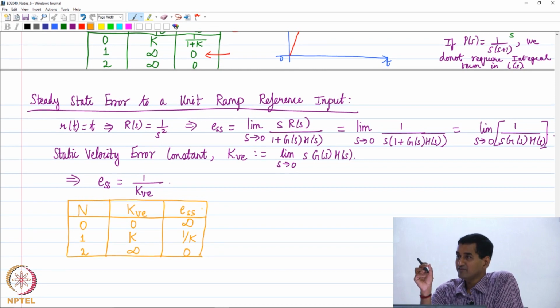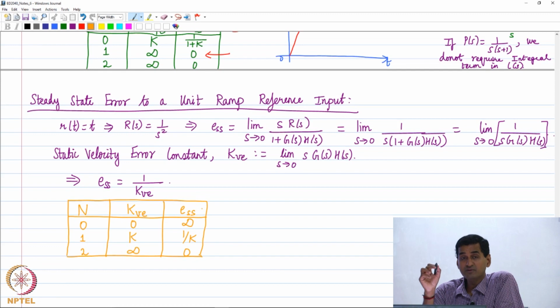But if I have a type 1 system, at least I can get reasonable tracking, with a steady state error of 1 by K. Of course, the higher the open loop gain, the lower the steady state error, but once again the same constraint comes in: if you increase capital K, there is a cost as far as the control effort is concerned. And if you have type 2 and more, theoretically you are guaranteed that the steady state error will tend to 0.